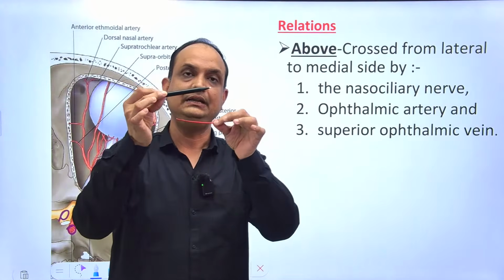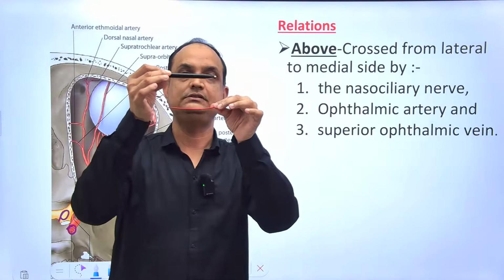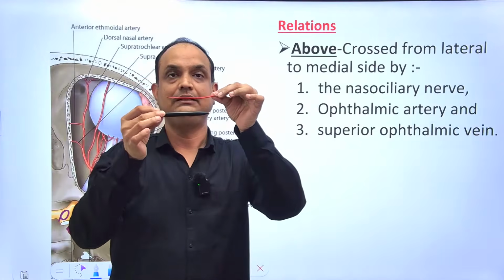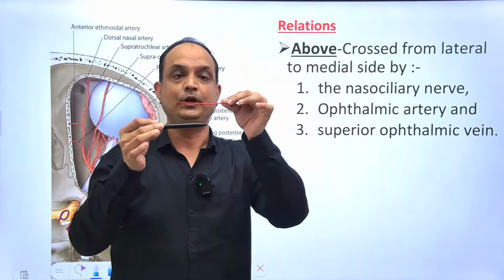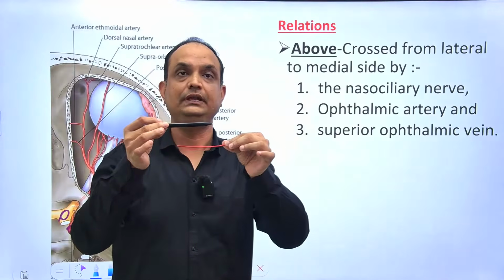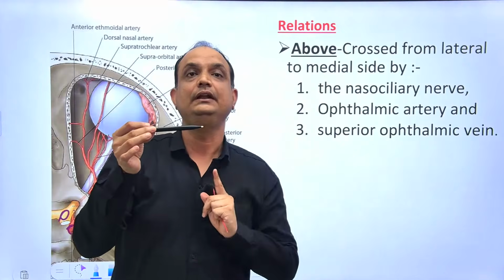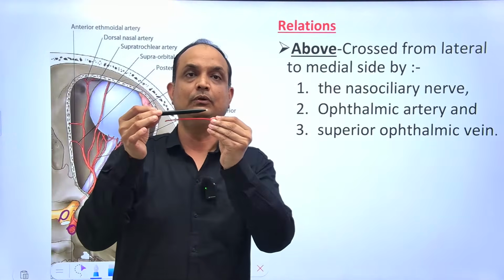This artery arises from the internal carotid, so from the point of origin, the artery is inferior and the nerve is superior. Clear? Why? Because the artery enters the skull from below, so it will remain below.